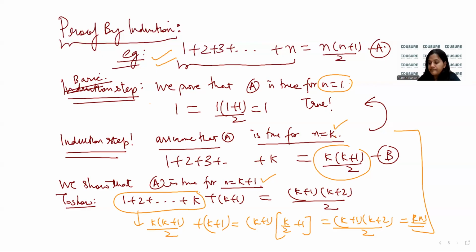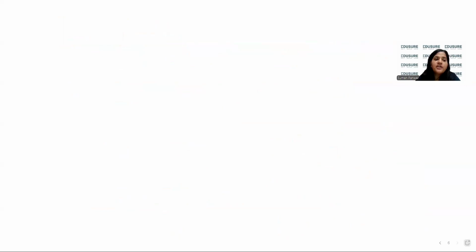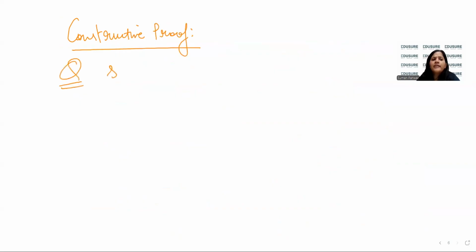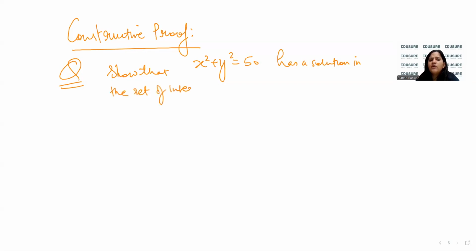There is one more method known as constructive proof. Constructive proof means you have to come up with examples. For example, if somebody says, show that x square plus y square equals 50 has a solution in the set of integers.